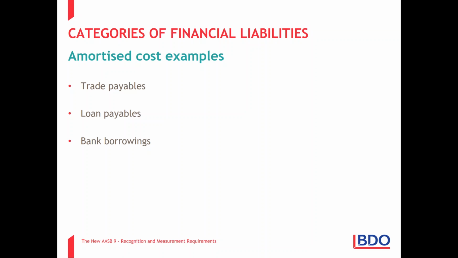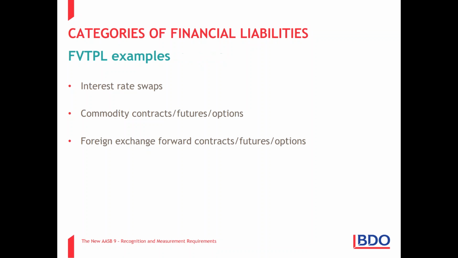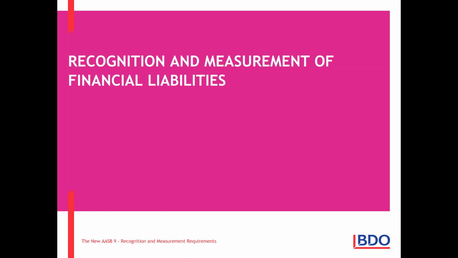So if you want to look at amortized cost examples, we're thinking trade payables, loan payables, bank borrowings, and amortized cost means amortization table, etc. If you look at fair value through profit and loss, examples would be derivatives, interest rate swaps, commodity contracts, foreign exchange contracts.